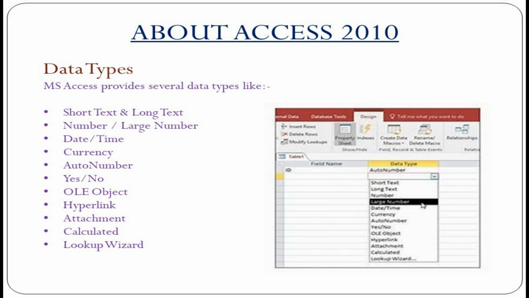Auto number is used when the number counter should be automatically updated: 1, 2, 3, 4, 5. And yes and no is the data type when you use an option button. Suppose you create a label concerned with gender, meaning the user is male or female, or suppose a database stores an in or out entry.